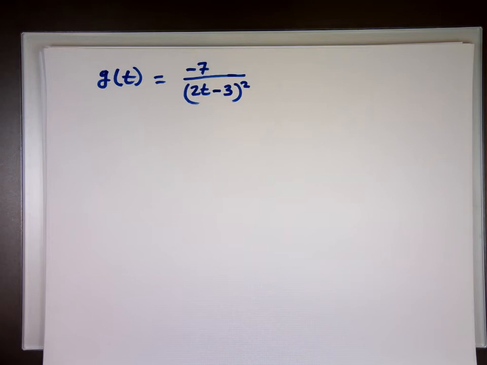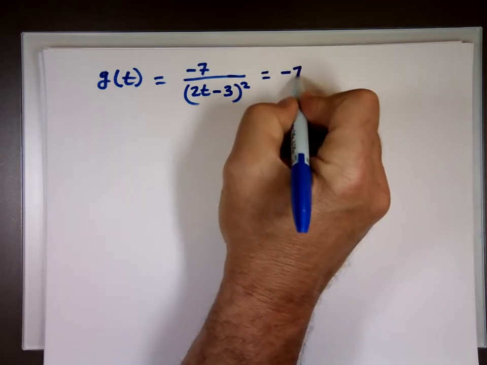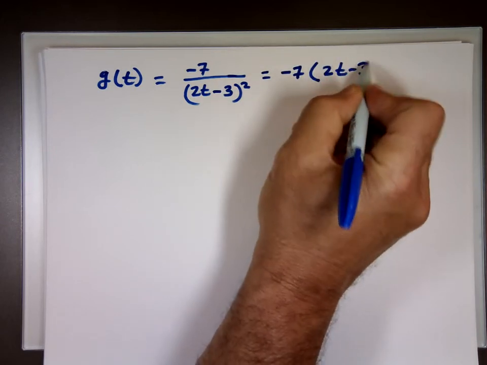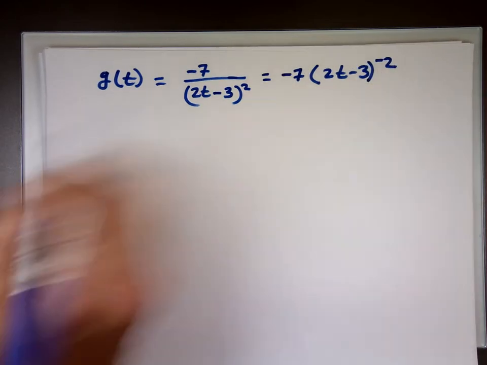I can rewrite that as what? Negative 7 times 2t minus 3 to what power? Negative 2. What's the derivative?